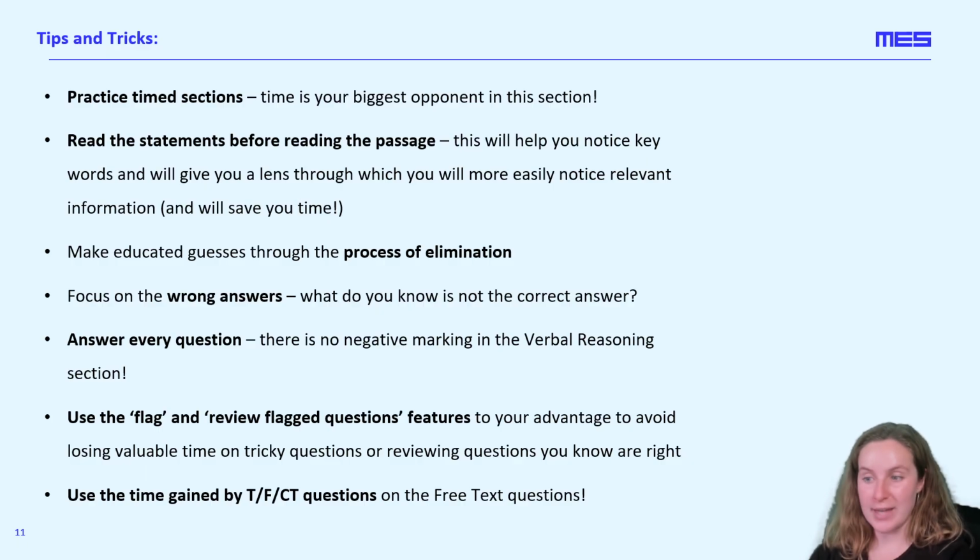You'll have the option at the end to review all flagged questions, and that will mean you don't have to go through all 44 and keep clicking through, wasting valuable seconds, but rather be guided straight to the questions that you need to review, and to make sure that you get that extra moment to review them.